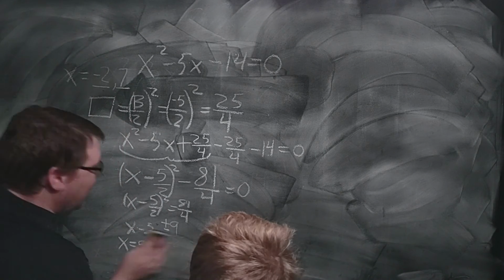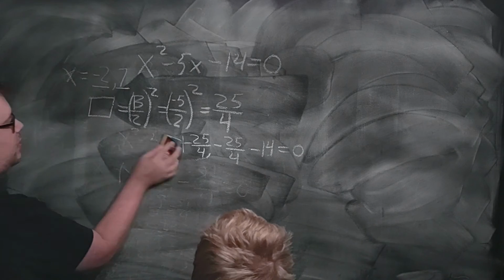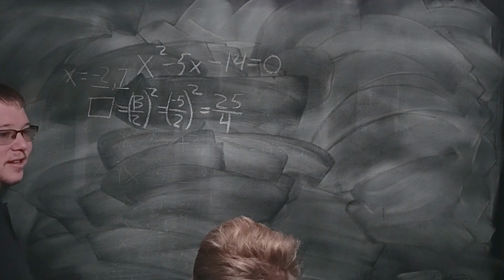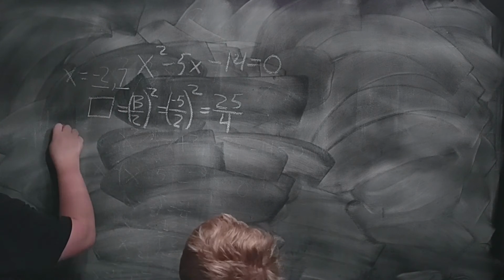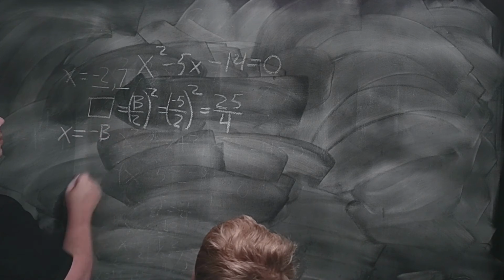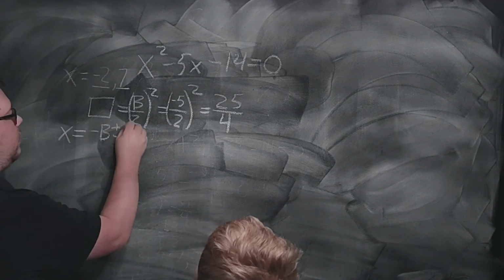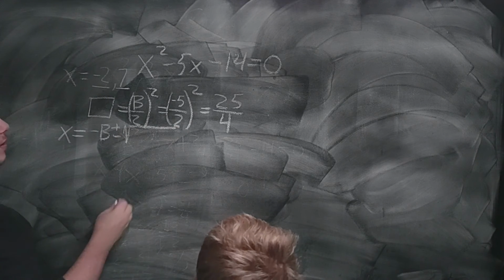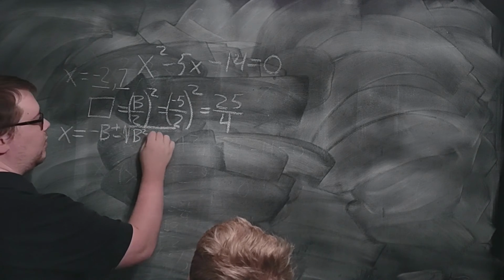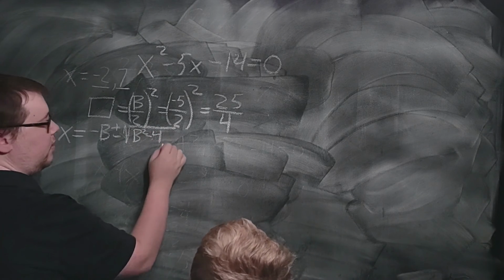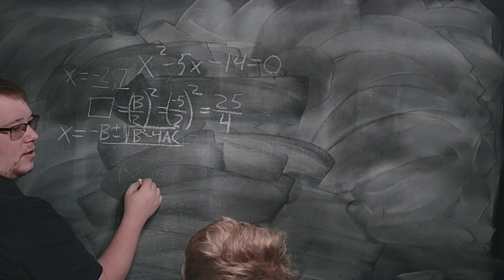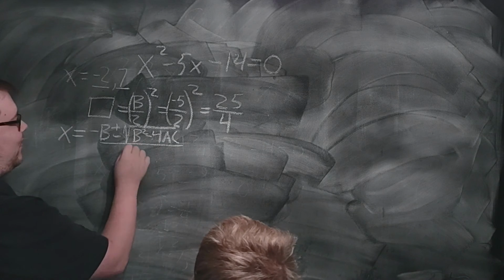Sweet! Is there any other way to solve this quadratic equation? The quadratic formula. Okay, what is the quadratic formula? x equals negative b plus or minus the square root of b squared minus 4ac, over 2a.